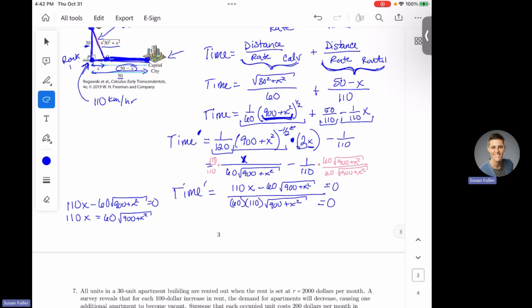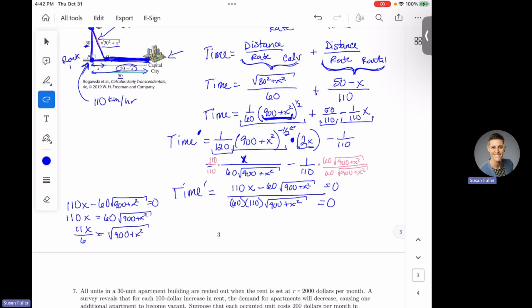Before I do that, I'm going to divide both sides by that 60 just to get the square root by itself, so this gets less gross. So if I divide both sides by 60, 110 divided by 60, that can simplify to 11 over 6, so I'll just do that. And then I'll have the square root of 900 plus x squared over here.